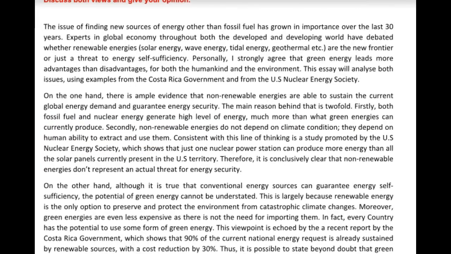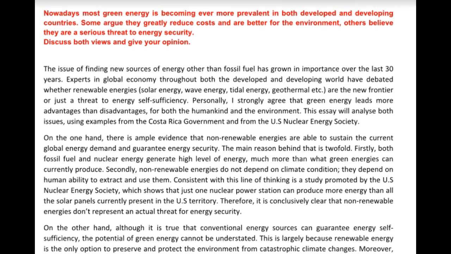All right, why are we discussing this? That's not the point. You're off topic here, Andrea, because it's whether green energy is a threat to energy security, not whether non-renewable sources of energy are a threat or not. You're supposed to be analyzing only green energy.